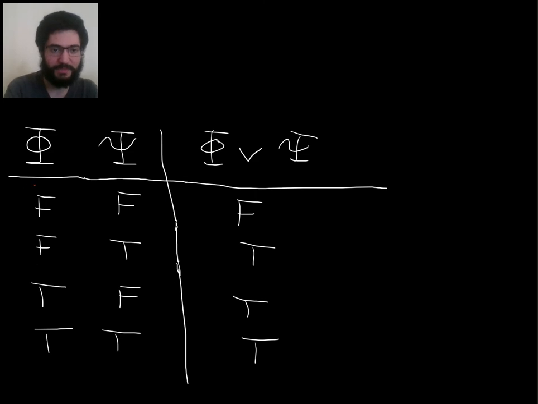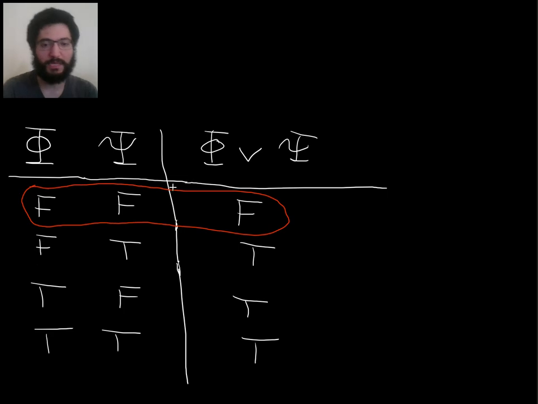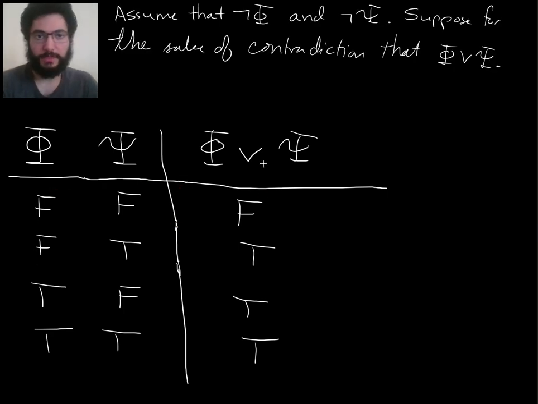So let's see what might go into proving this row of the table. To run this argument, to justify this row of the table, I need to assume that phi is false and psi is false, so assume not phi and not psi. Then I want to prove that phi or psi is false.